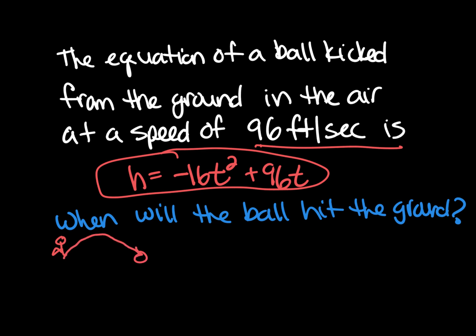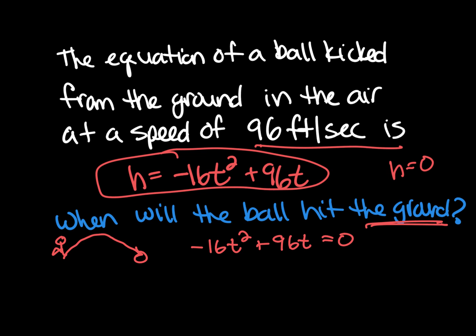Correct? So this is the shape of a quadratic, which is why the function is a quadratic as well. So if I'm hitting the ground, again, just like the diver hitting the water, the height is going to be 0. So same thing, I'm going to set up my quadratic equation equal to 0 and then continue to solve.